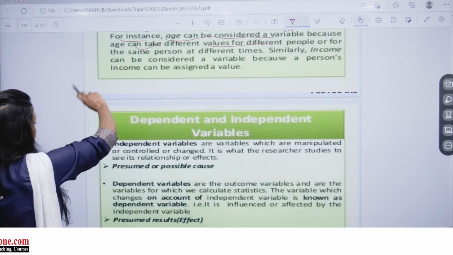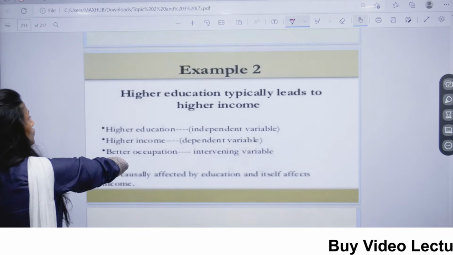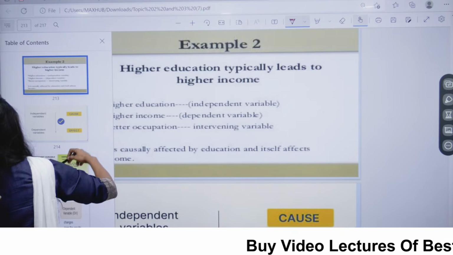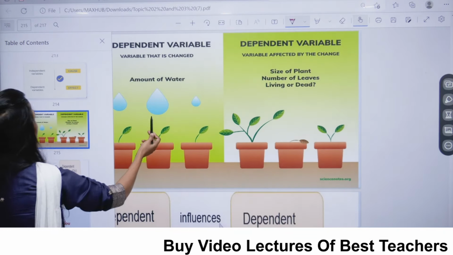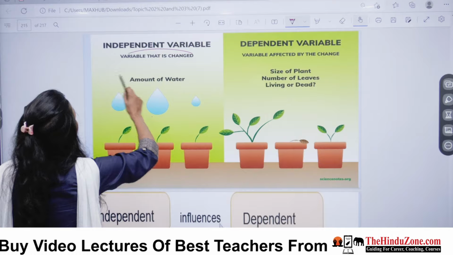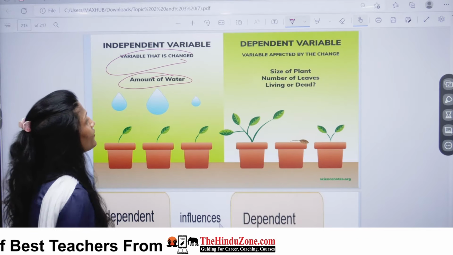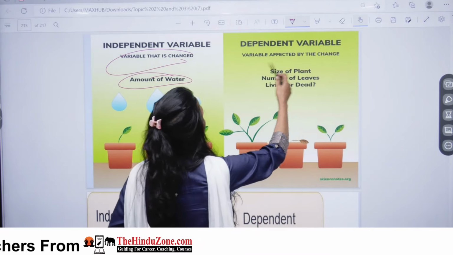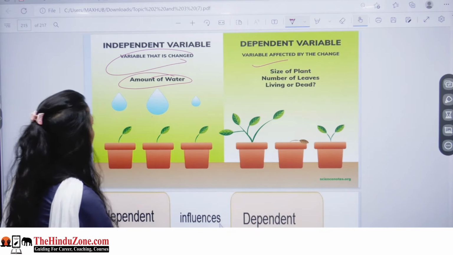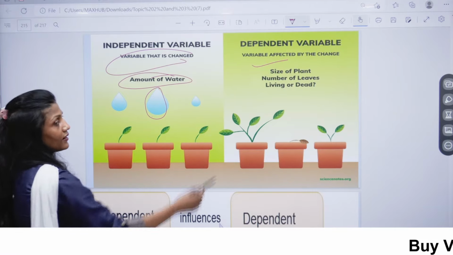So go through this PPT. I have just given the answers on this. So independent variable is the variable that is changed, like for example, amount of water, and the dependent variable is affected by that change. So अगर इसमें कुछ भी change हो रहा है, तो यहाँ पे effect आ रहा है.